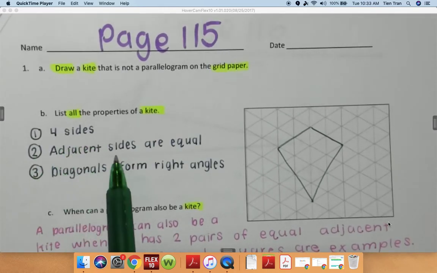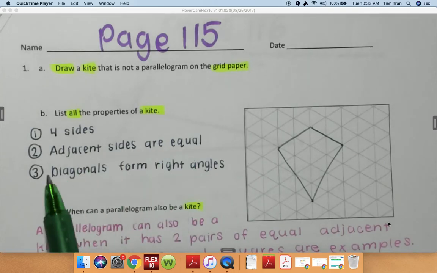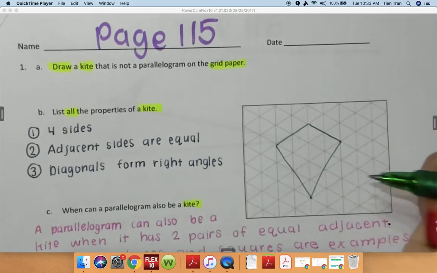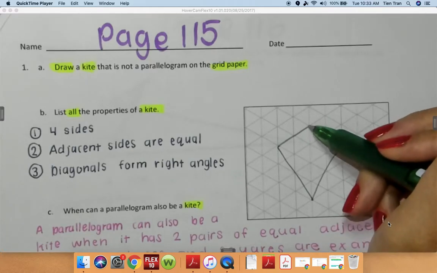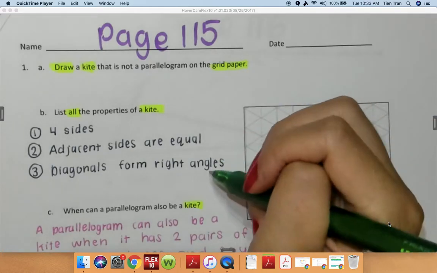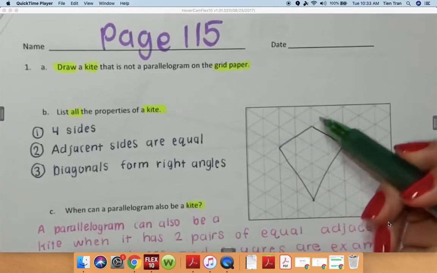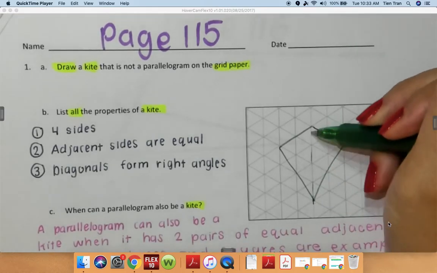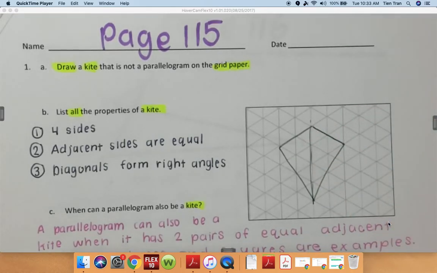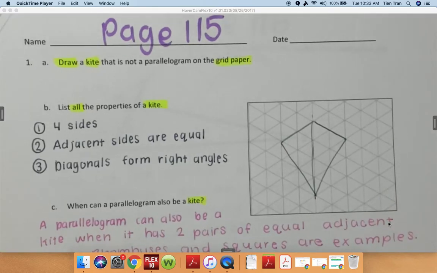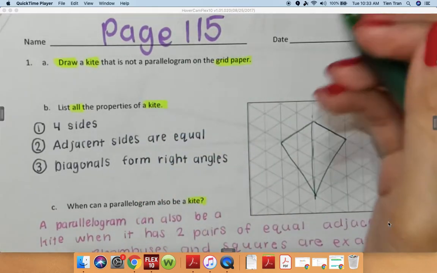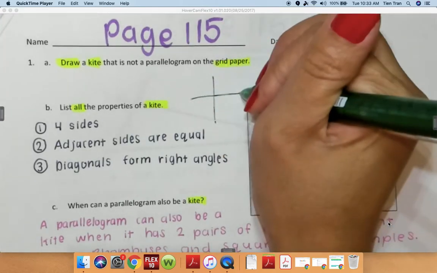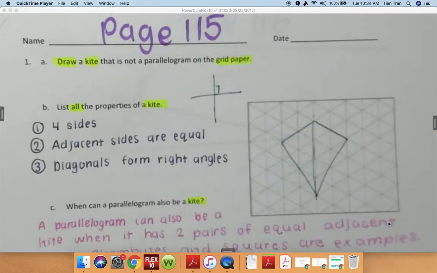Second, adjacent sides are equal. Okay, so you notice there are 1, 2, 3, 4, and all sides are equal. This one is not so much equal, but if I were to bisect this one, this side is equal to the other side. Diagonals form right angles. So diagonal meaning like if I were to draw a bisect line, then they would have right angles.